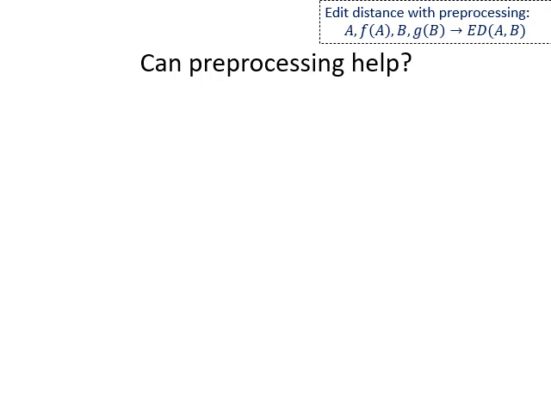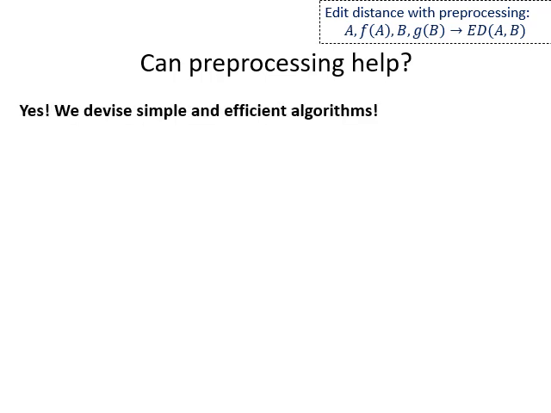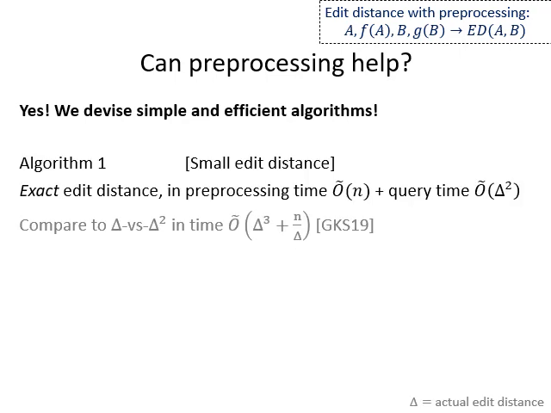So can preprocessing help? Well, actually, it can help in a lot of interesting cases. Consider, for example, the small edit distance regime. We devise an exact edit distance algorithm with near-linear preprocessing time, and the query time is nearly quadratic in delta, the edit distance.